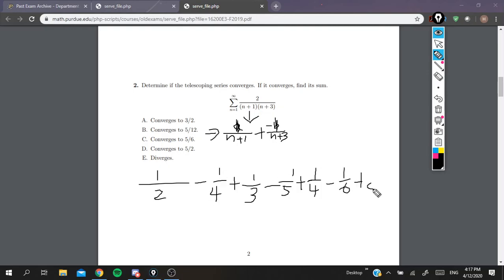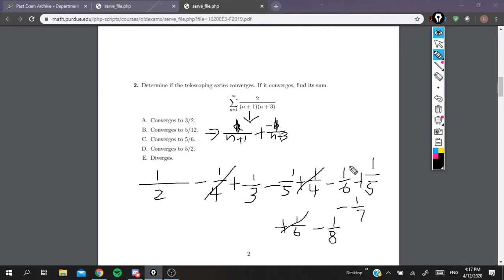As we see, when you plug 4 in, you will get 1/5 minus a 7th. And just going to plug one more in for the sake of it. Plug 5 in, you will have plus 1/6 and minus 1/8. And here you can see that a fourth cancels out.